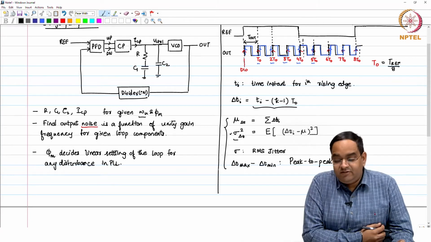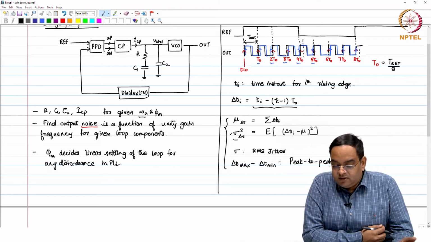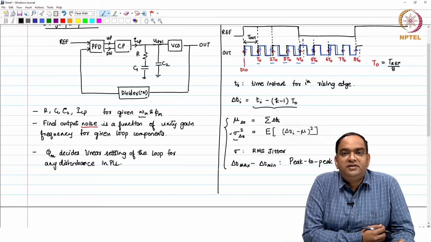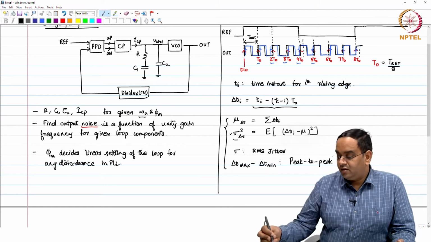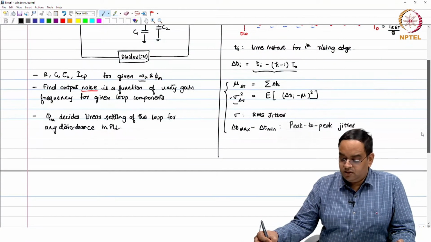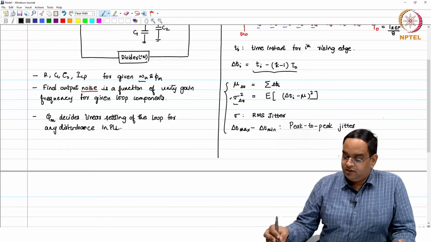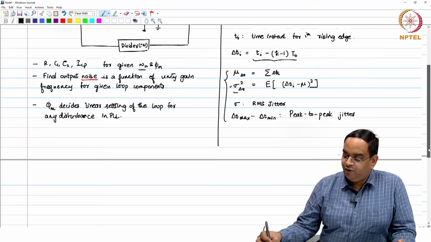So, jitter is the variation between the ideal rising edge and your actual rising edge of the clock. You can define it with the falling edge also, but that is going to be the same. Now, this is what we see in the time domain.